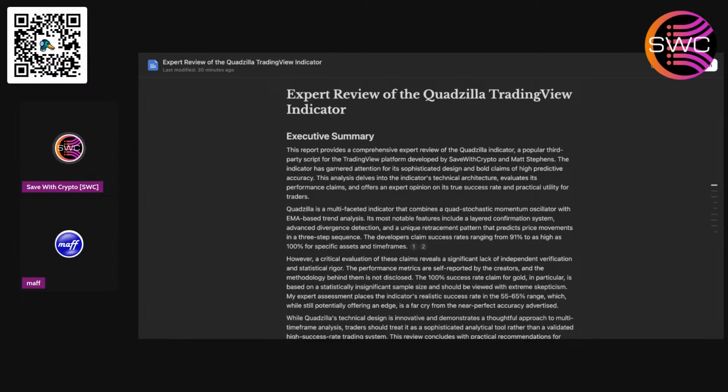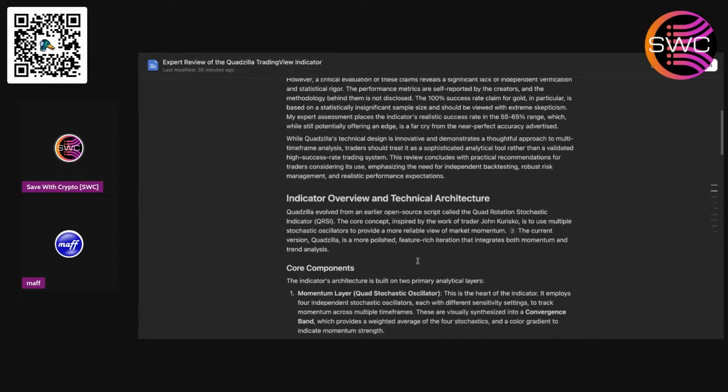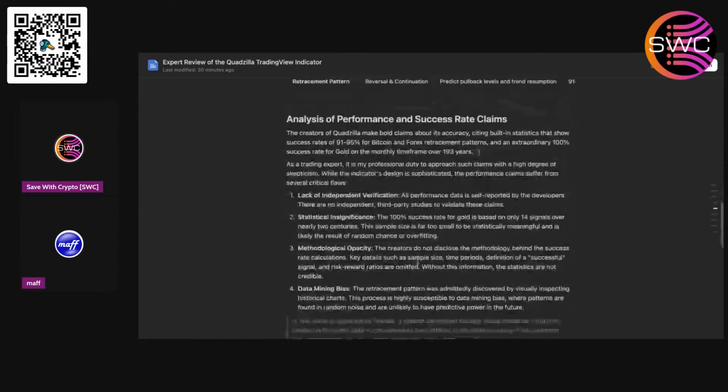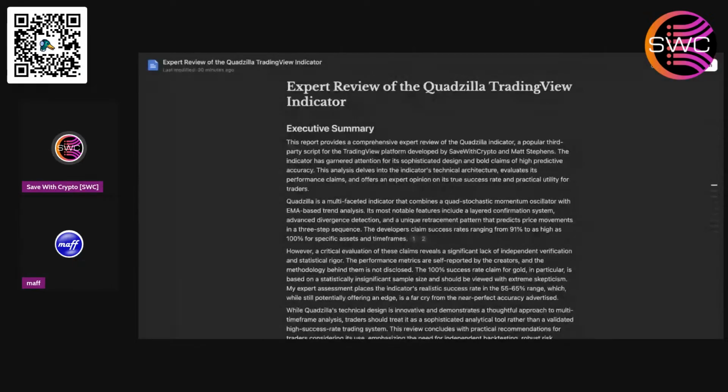I won't find the bit because it would take me forever, but it says the maker's claim that this was 100% correct with gold comes from a very small sample size. It's like making a joke to the person in the room who has no sense of humor at all.